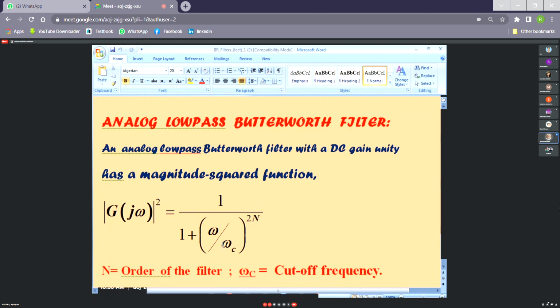It is that frequency where the gain of the analog Butterworth filter is 0.707 times the DC gain of the filter itself, or 3 dB down from the DC gain of the low pass analog Butterworth filter. I am considering low pass Butterworth filter.